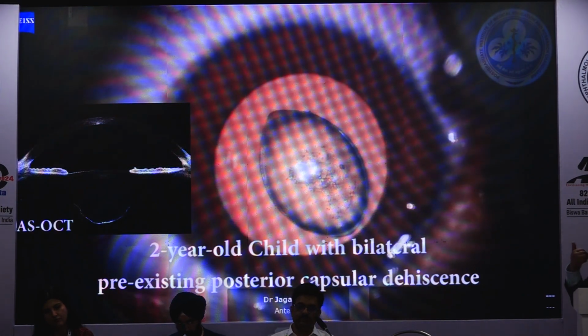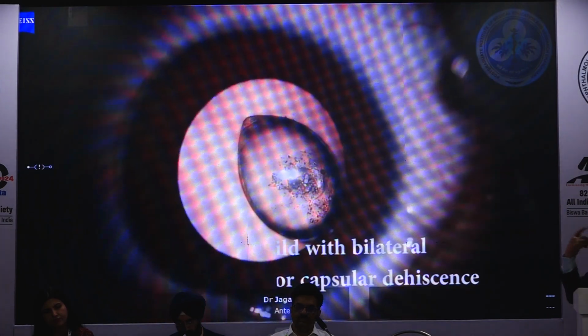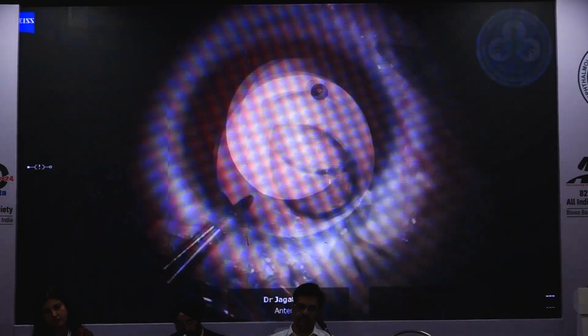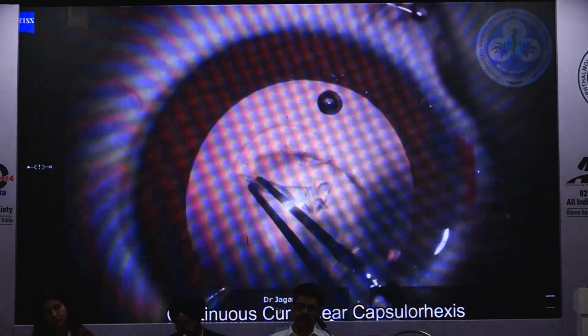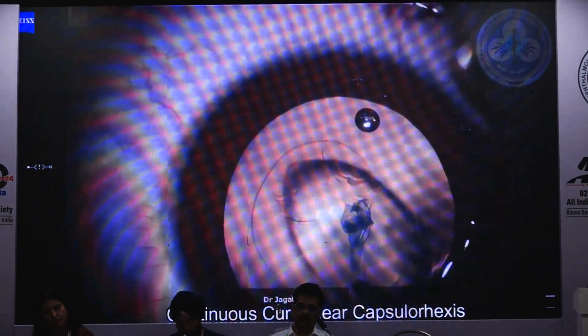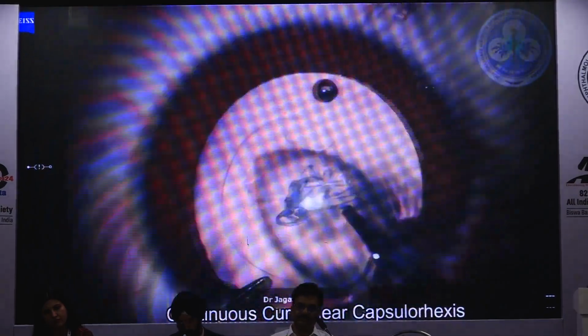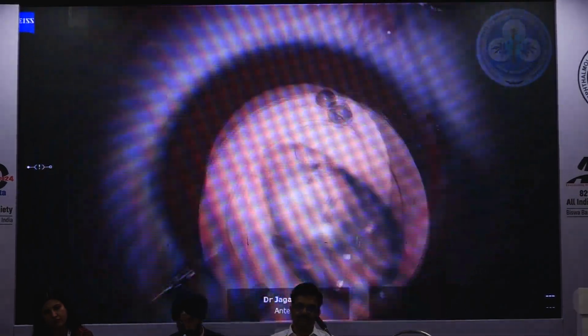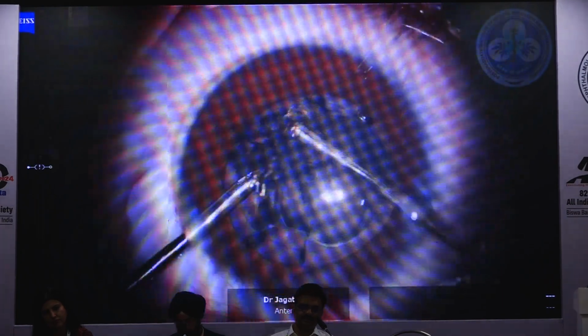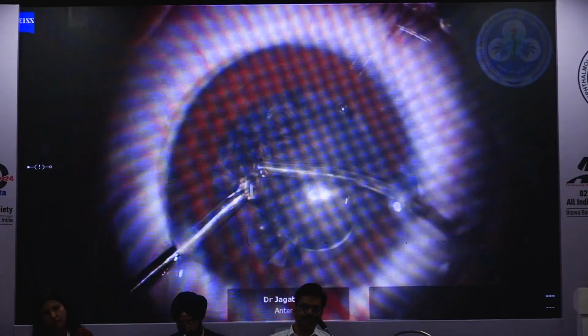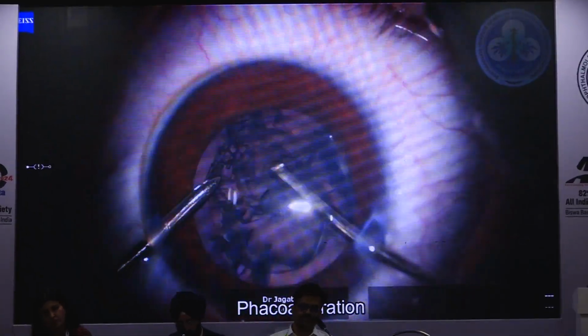You can see the anterior segment OCT on the side. We anticipate that this child will have posterior capsular tear. So you have to do limited hydrodissection and remove the cortex from the capsular bag.